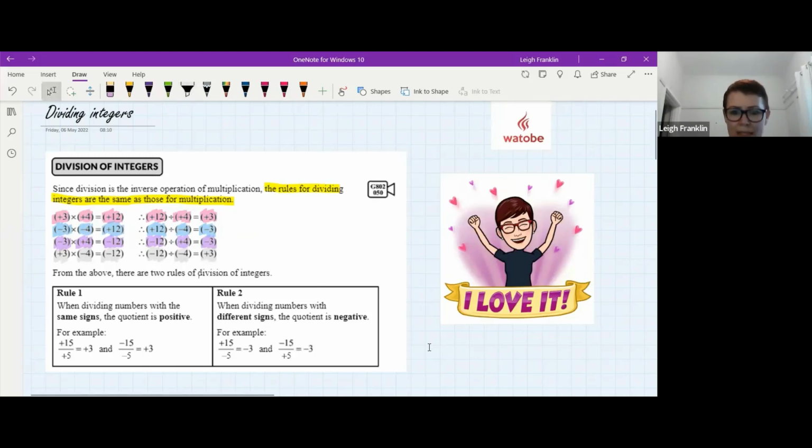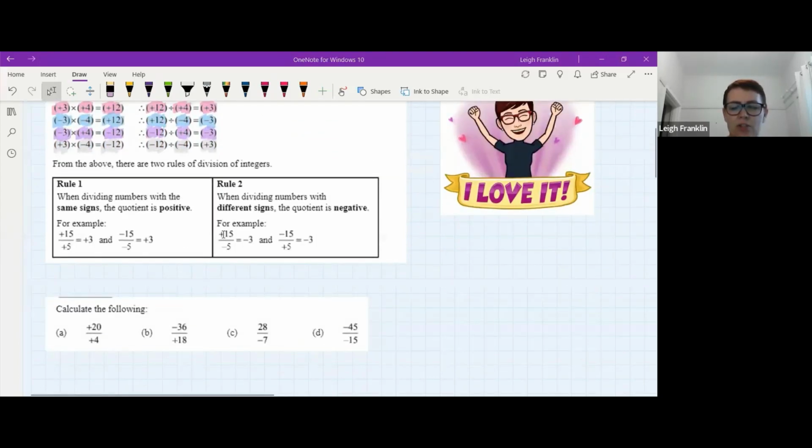So what you might see at school is you might see them setting this out just a little bit differently. I think in primary school, they still use the division symbol, but certainly by the time you get to grade 8, we don't use the divide symbol anymore. So if we want to say something like 12 divided by -4, we wouldn't necessarily set it out that way at high school.